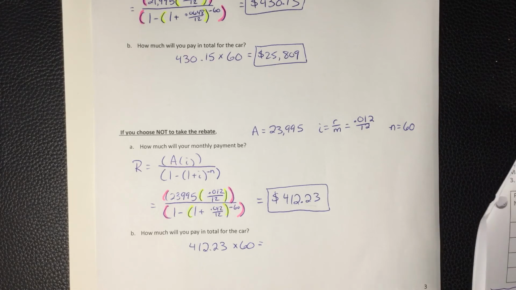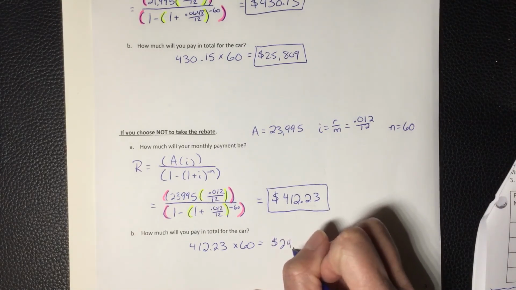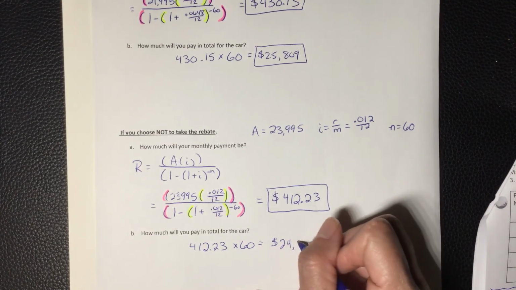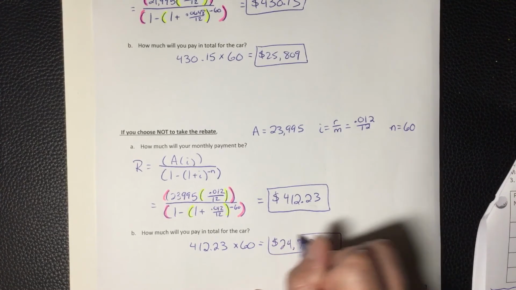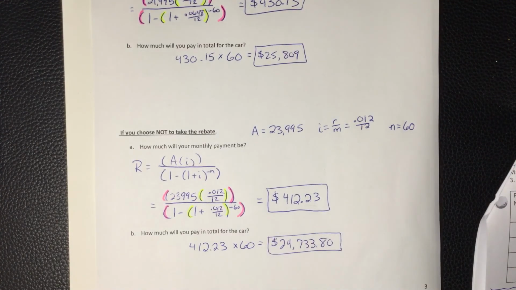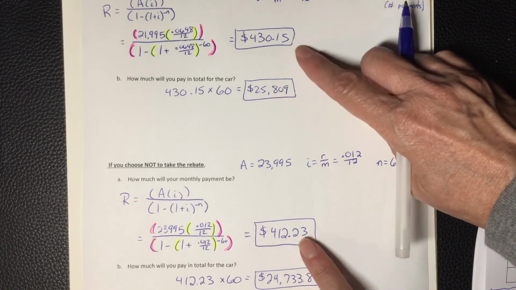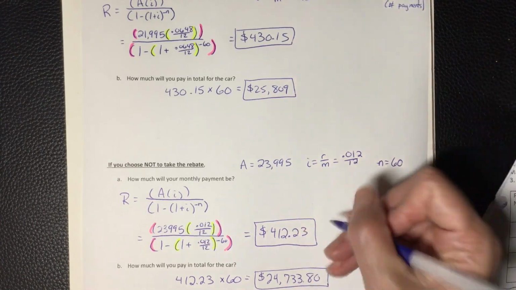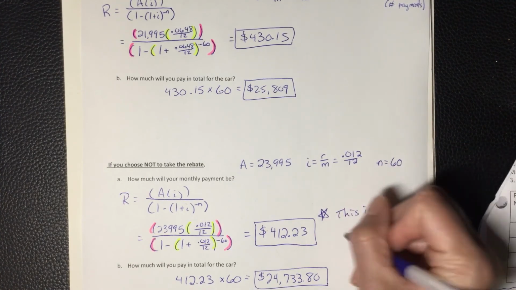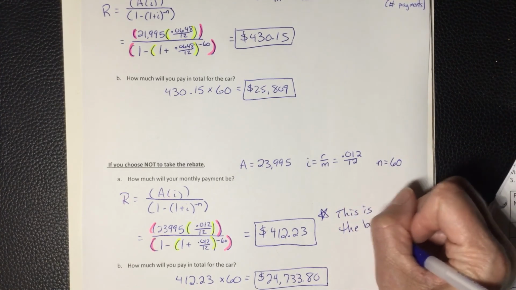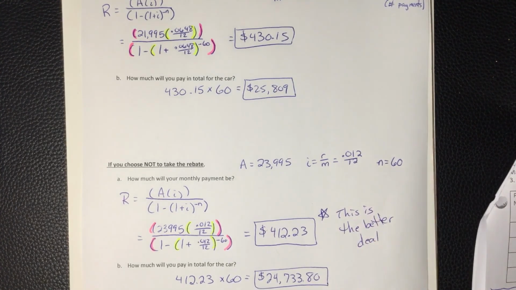And that comes out $24,733.80. So if we want to pick the better deal, we can look either at the monthly payment or at the total cost, but we can see that the bottom one is definitely better. All right, so this is the better deal. Okay, higher cost for the car, but a much lower interest rate.